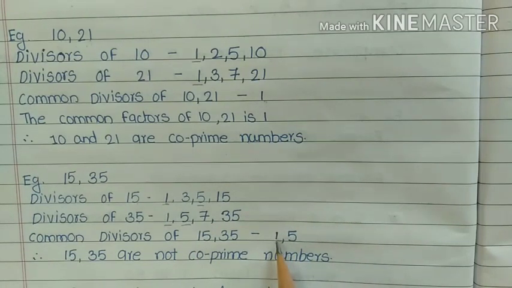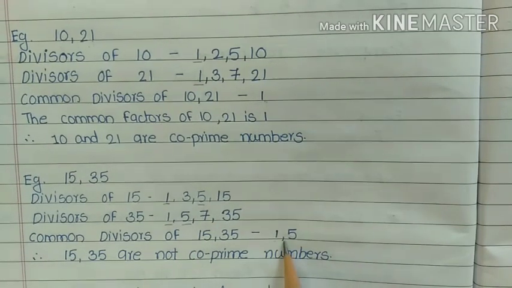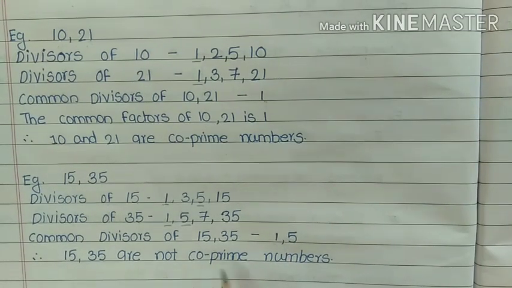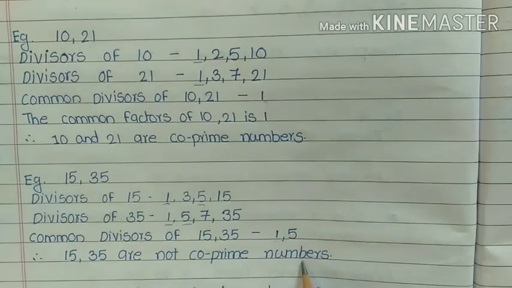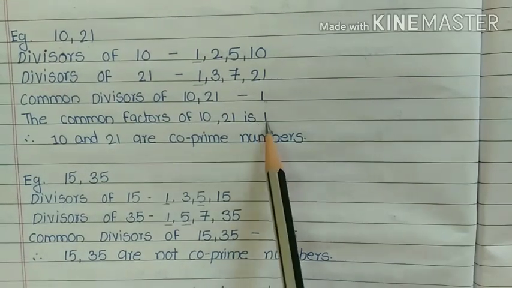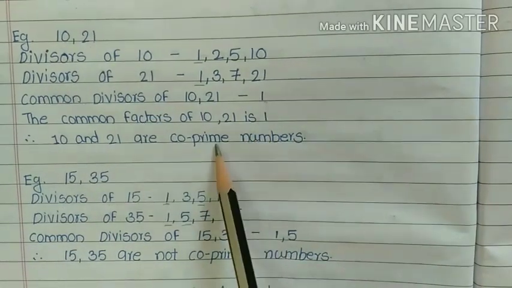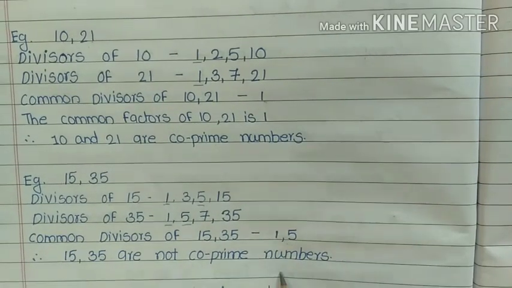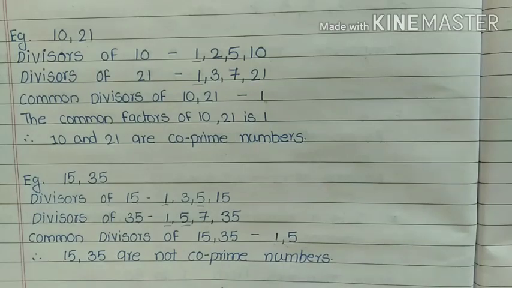Here, more than 1 are the common divisors. Therefore, 15 and 35 are not co-prime numbers. Only 1 is common: co-prime numbers. More than 1 is common: not co-prime numbers.